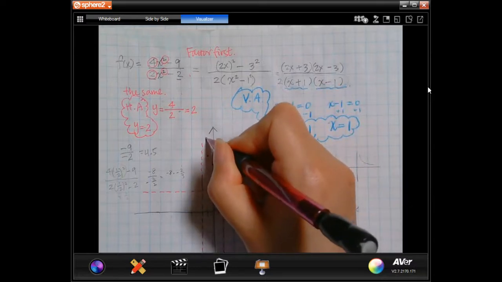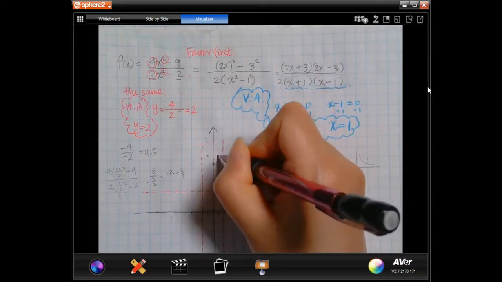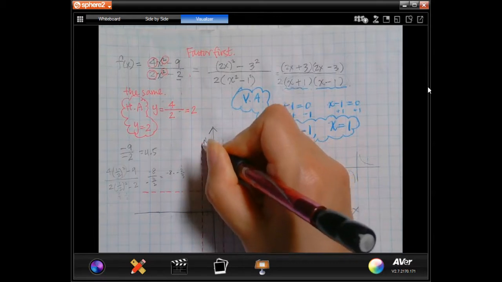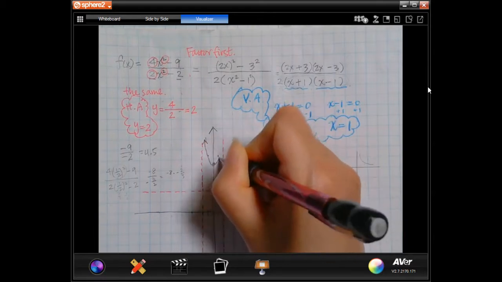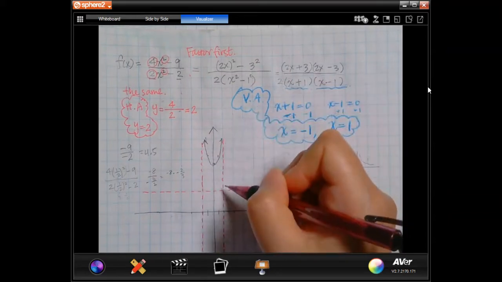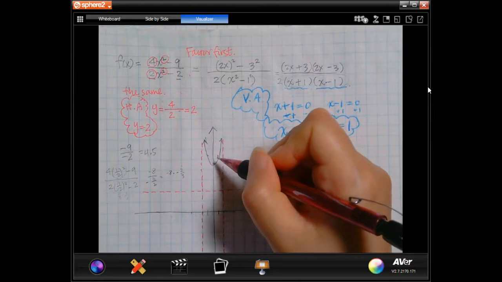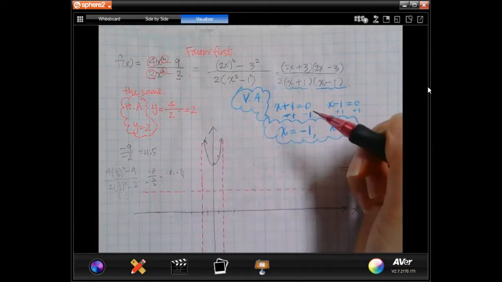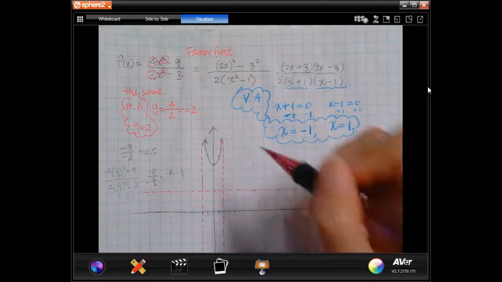Then with this plot, I can tell my graph between two vertical asymptotes will go with this asymptote behavior in both directions. There's no other possible way.